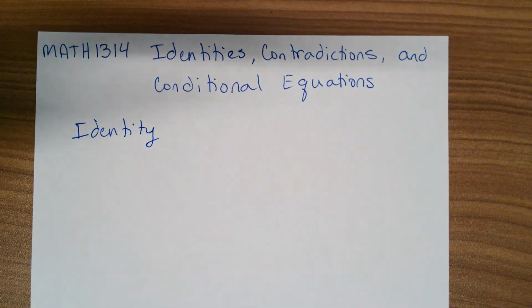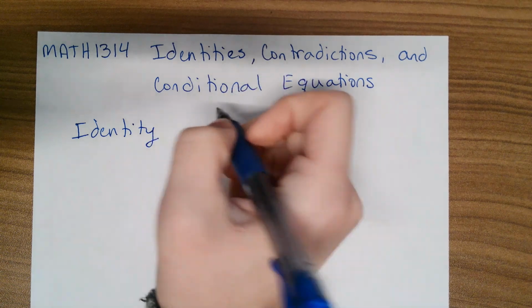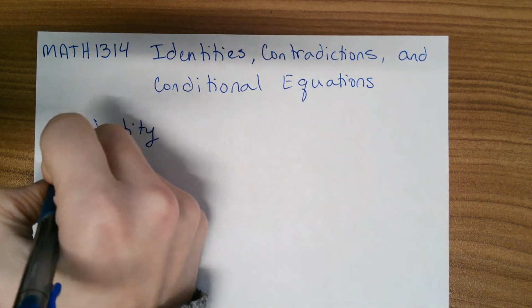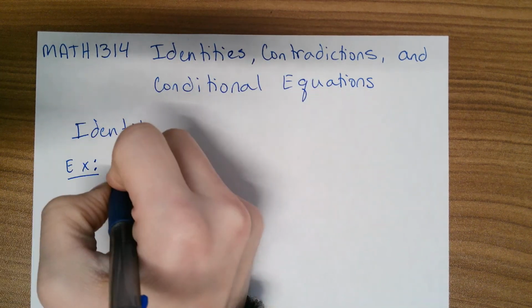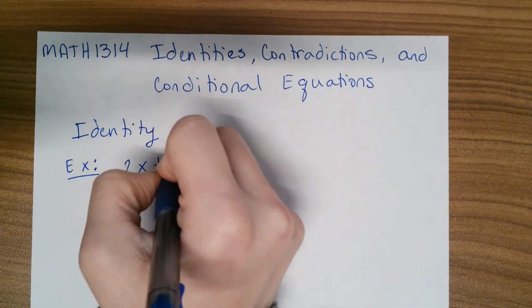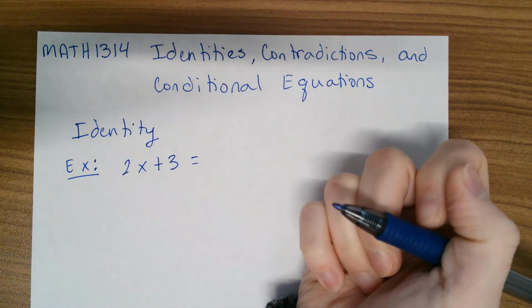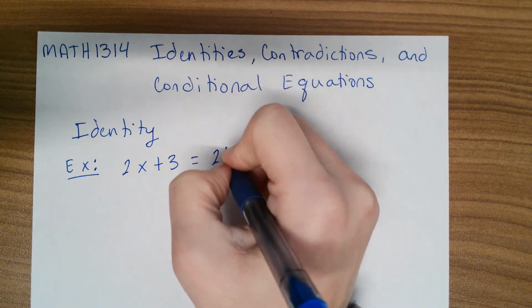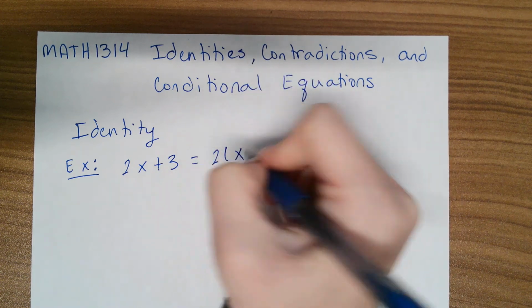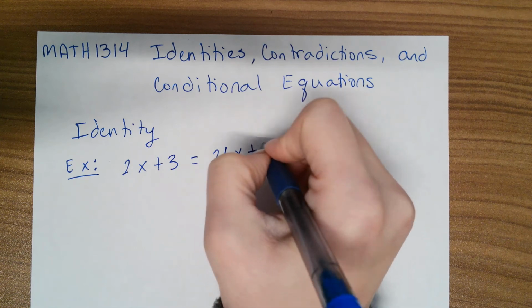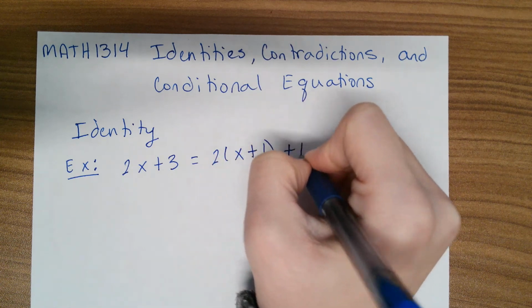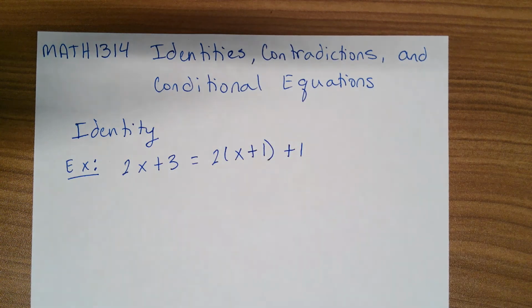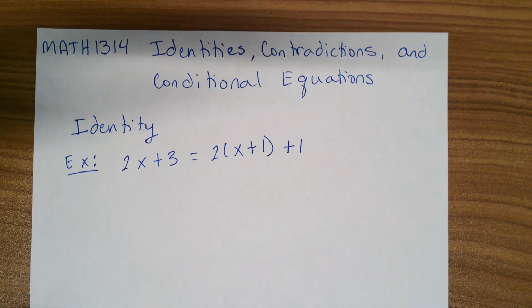If something's an identity, it means that it's always true. So if I'm solving an equation, let's say I have 2x plus 3 equals 2 times x plus 1, plus 1, and I'm going to solve this.